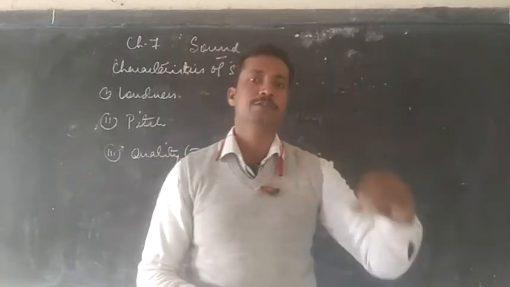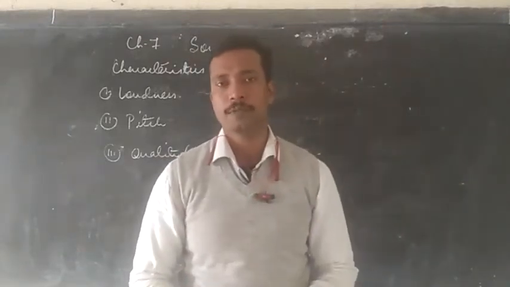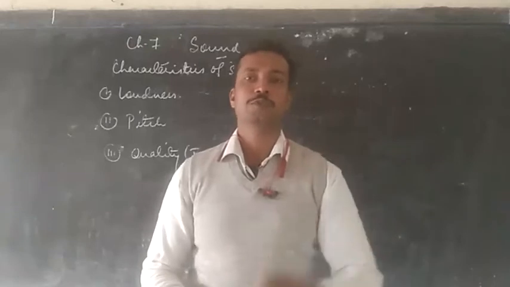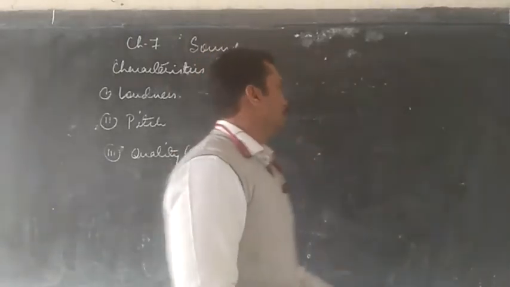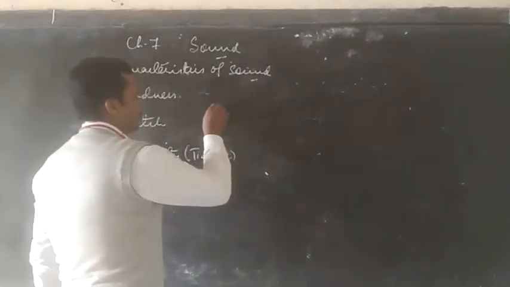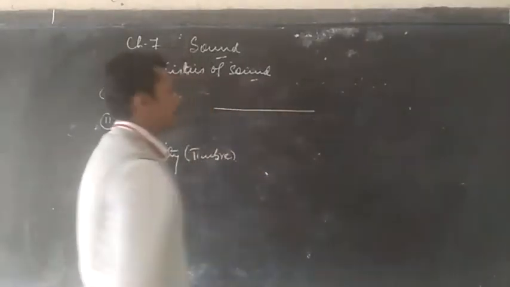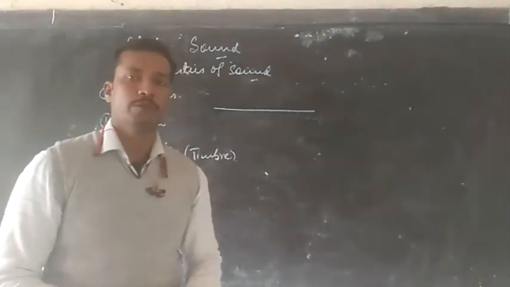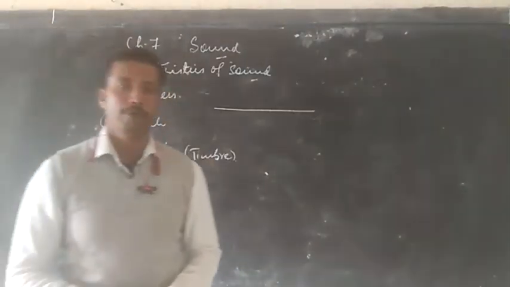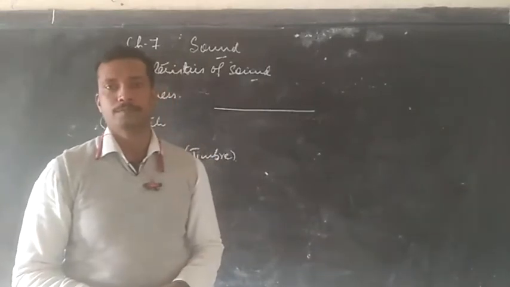We can distinguish the two natures of the sound produced at different times by the same source. If two different sounds are produced by the same source, we can have two different wave formations for that.